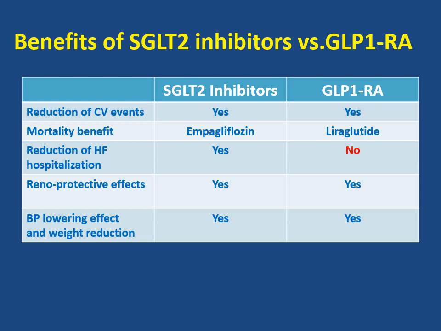The mortality benefit is observed mainly with empagliflozin versus liraglutide in the glucagon-like peptide 1 receptor agonist. The major difference between both is the reduction of heart failure hospitalization. There is evidence of reduction of heart failure hospitalization with sodium glucose cotransporter 2 inhibitors, while this is not observed with glucagon-like peptide 1 receptor agonists.